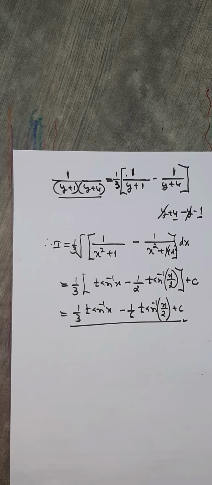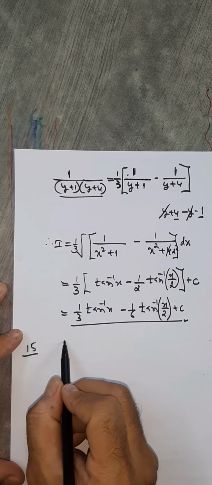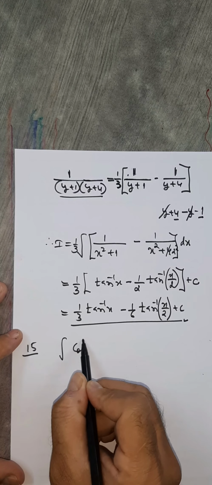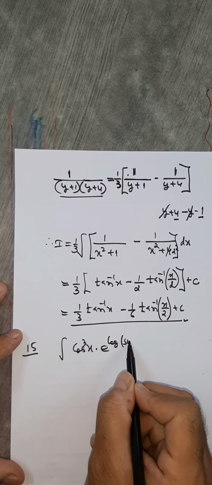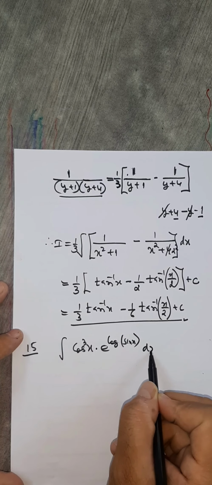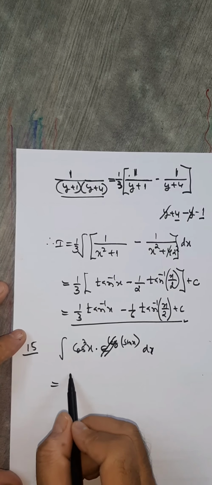It's question number 15. Cos cube x into e raised to log of sin x. Oh, that's too simple, you know it. So e raised to log, this will get cancelled, so we'll get just sin x here.